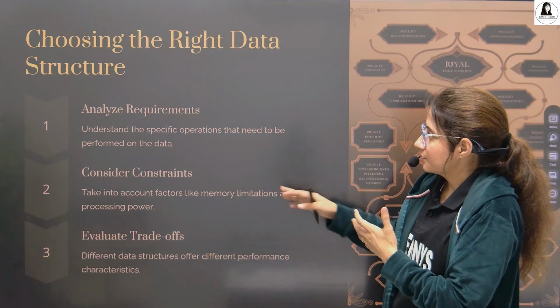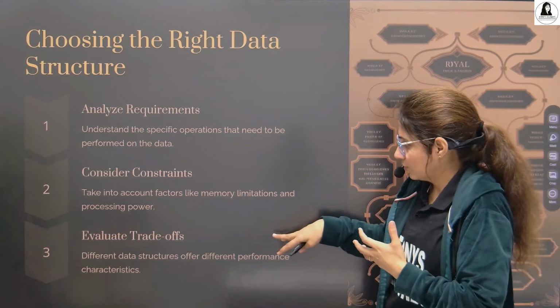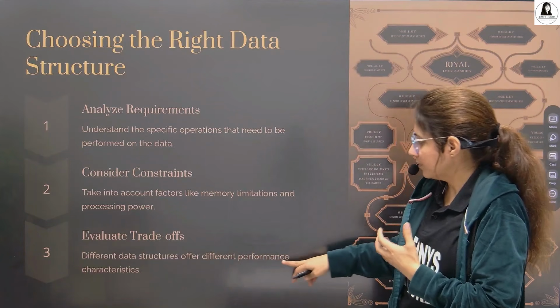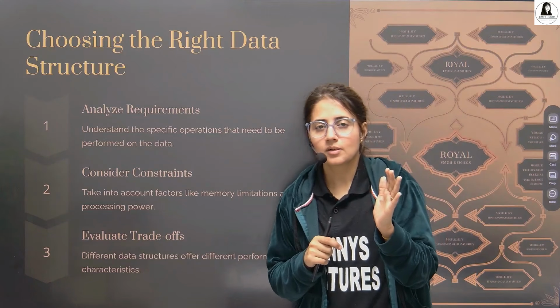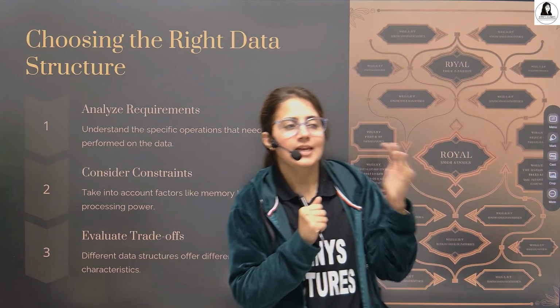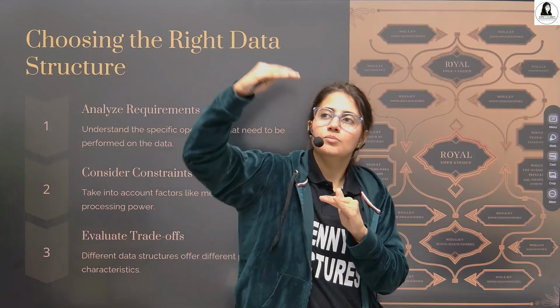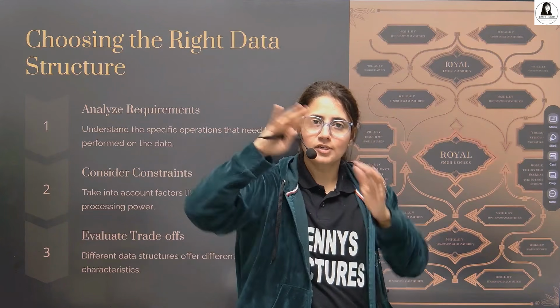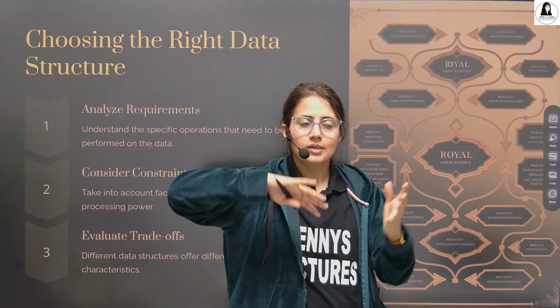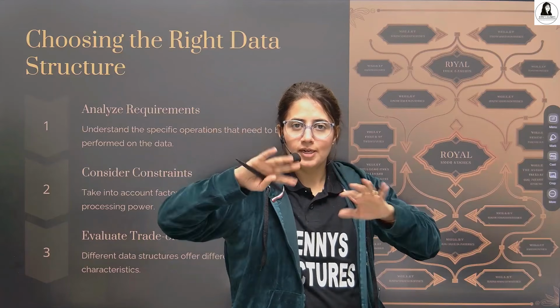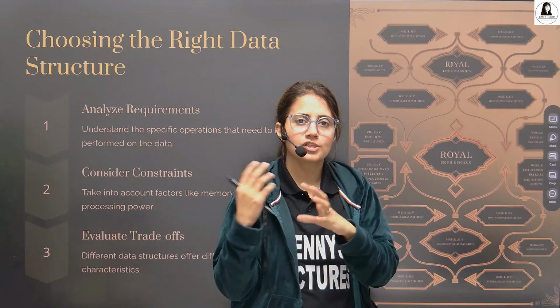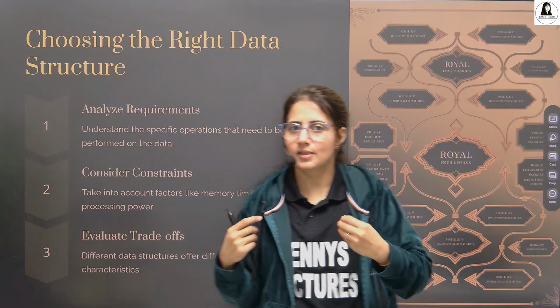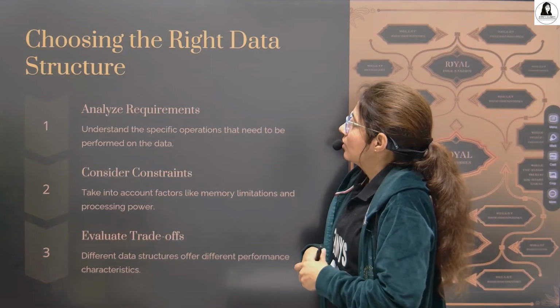Based on that, you have to evaluate the trade-off. Different data structures offer different performance characteristics. Maybe some take less time, but they will use more memory. So there's a trade-off between time and space, memory and all. You have to consider all these factors and then choose the right data structure according to your requirement.